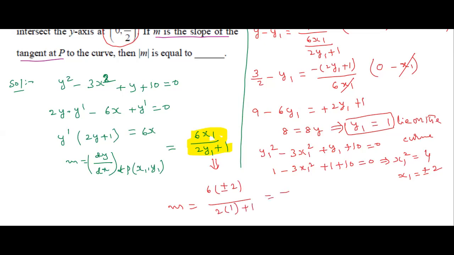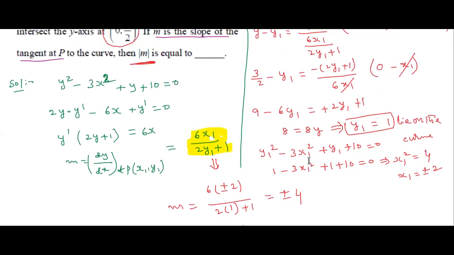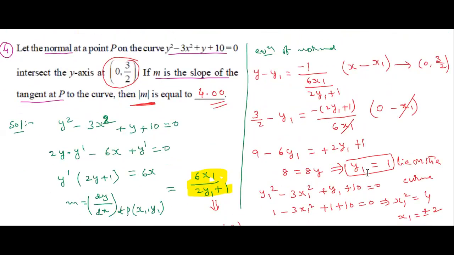Overall, observe this, we get plus or minus 4. But here they are asking modulus m. So modulus of m is equal to modulus of plus or minus 4, which is equal to 4. 4 is the answer. The previous problem also we got answer 4 only. So finally this is 4.00. Okay. Students, have you understood now? Thank you.